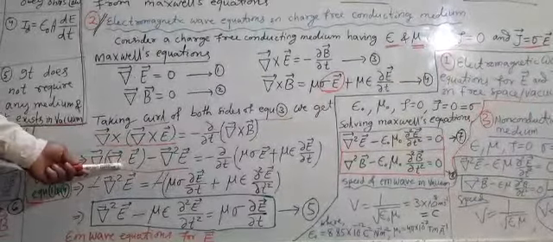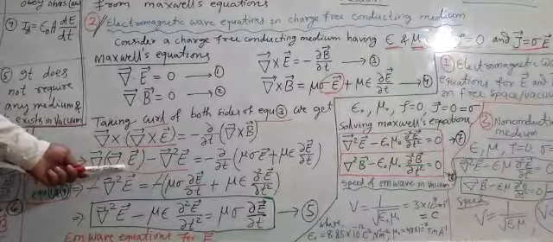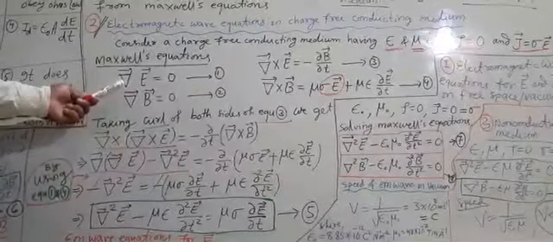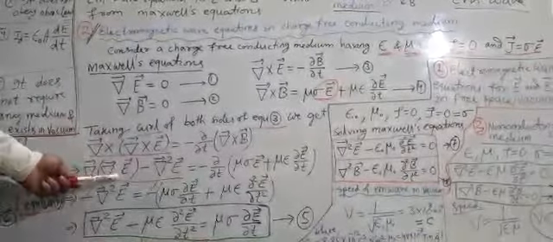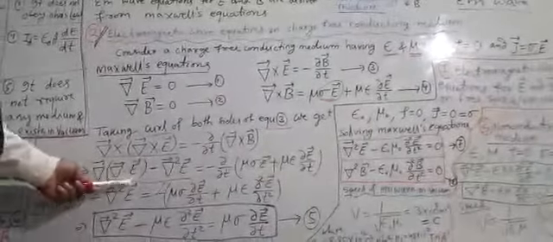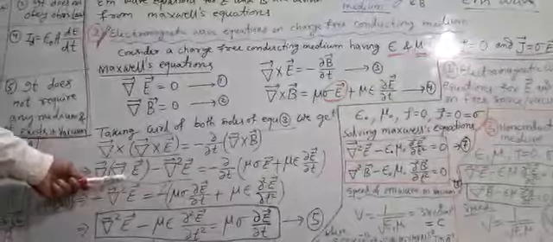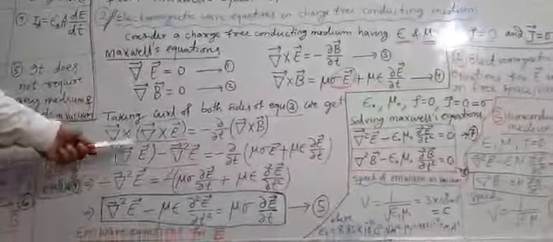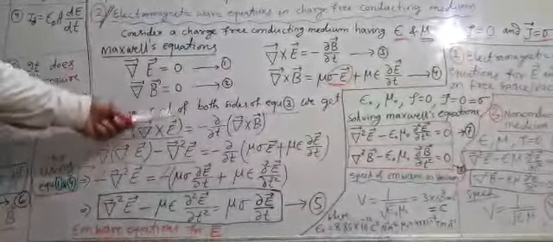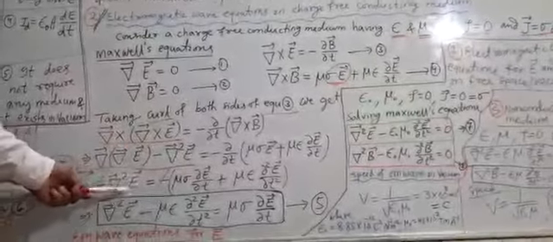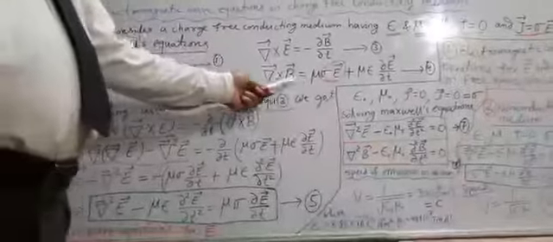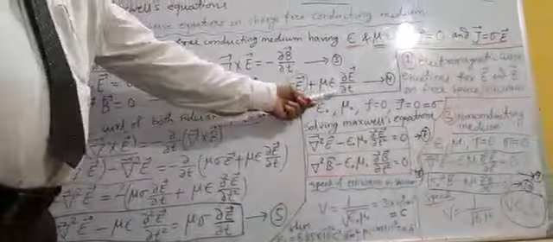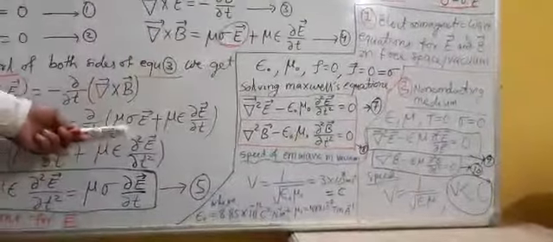You can check equation 1: divergence of E is 0. So the first term vanishes. The second term exists, minus del square E. And on the right side, curl B comes from equation 4, so you just put the value of curl B here.